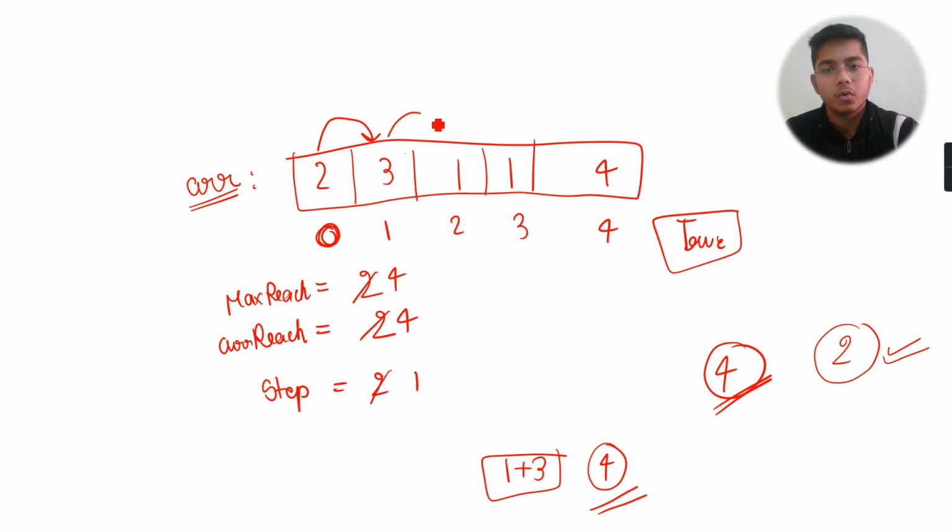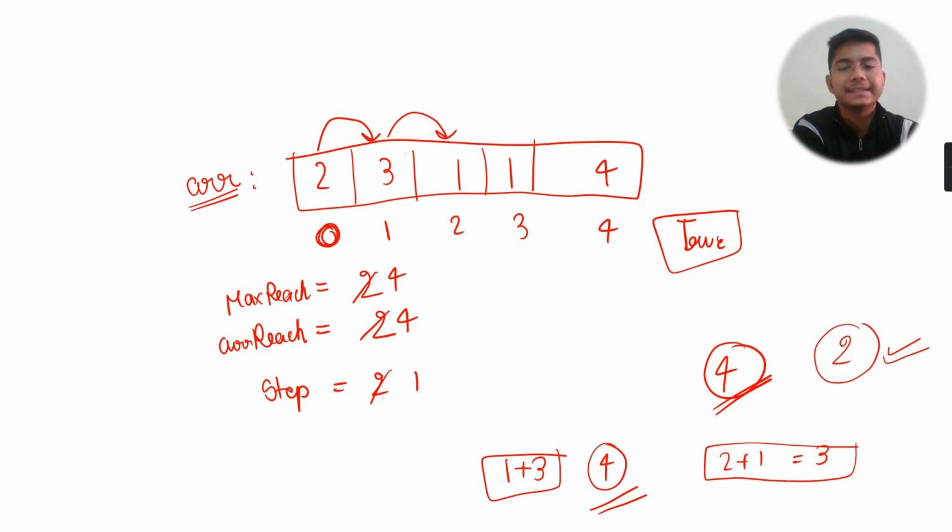Now I move to this, right? So what will be my maximum reach here? 2 plus 1, 3. So is my maximum reach greater than my current reach? No. So there is no issue in moving to that.